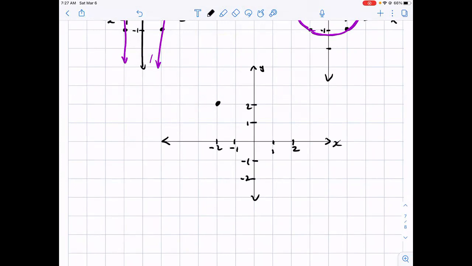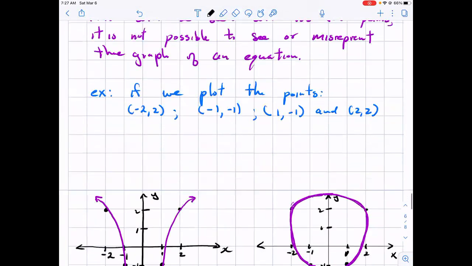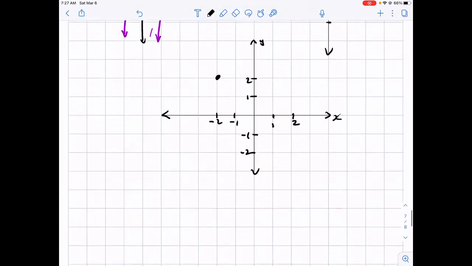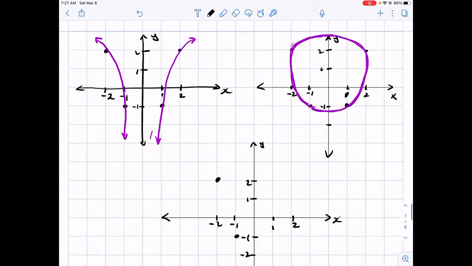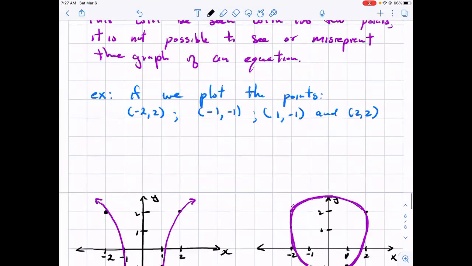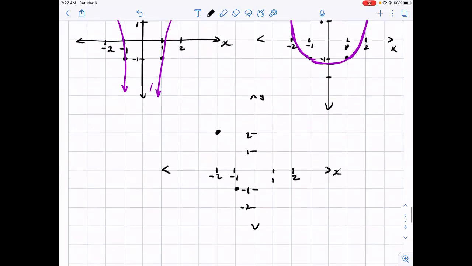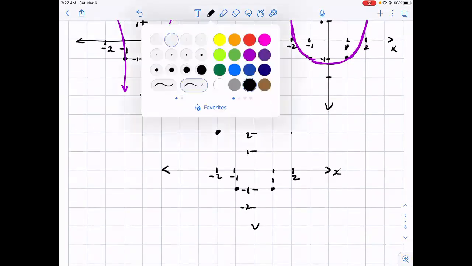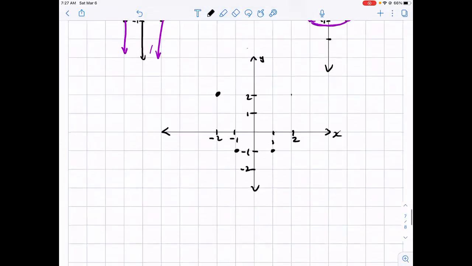So 2, 2. Then my other point was -1, -1. Then 1, -1. And then this point here. Okay. So we could have got our nice parabolic shape as we did above.